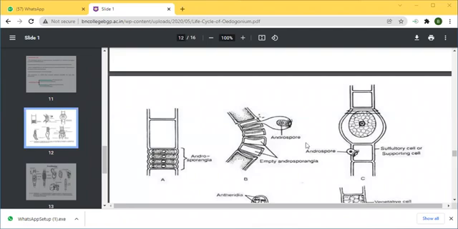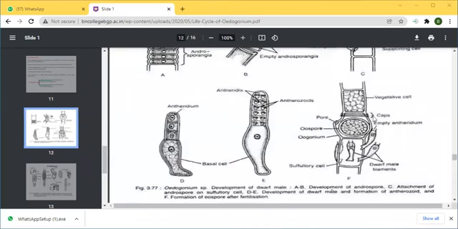Each and every androspore enters the filament. This is a supporting cell. This is Oedogonium, and in this picture D you can observe the development of the dwarf male, the formation of the antherozoids, and the formation of the oospore after fertilization.